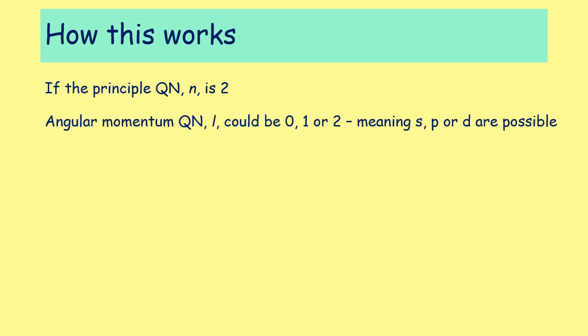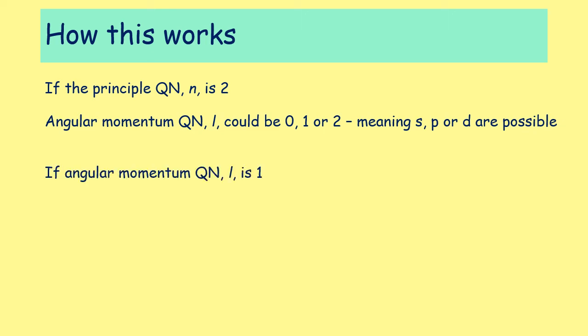So sort of summarizing that, if the principal quantum number n is 2, then the angular momentum could be 0, 1, or 2, which means an electron could be in an s, p, or d orbital.